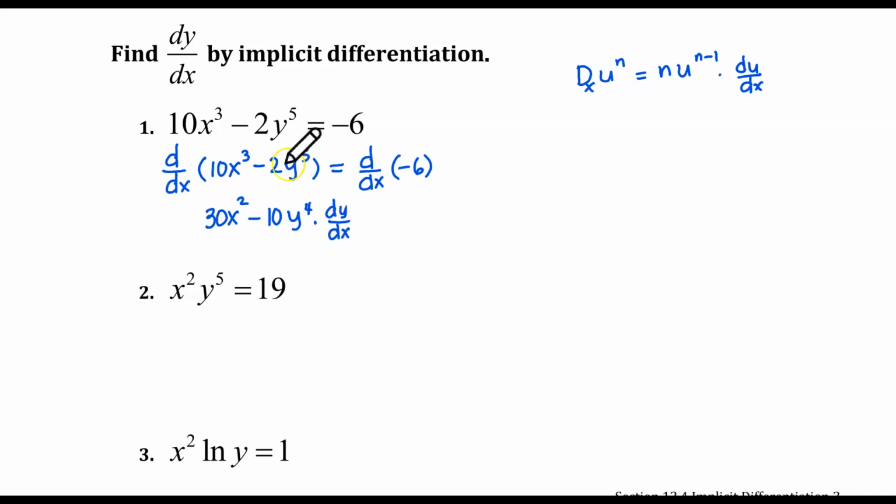Again, you use the chain rule here because we have a y here and we're differentiating with respect to x. And then the right-hand side will just be equal to 0 because the derivative of a constant is 0. Then as a next step, you will solve for dy/dx.